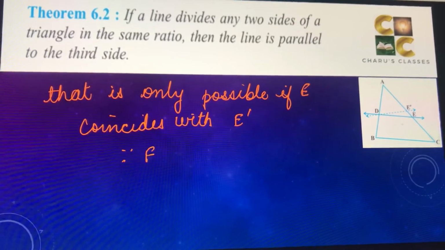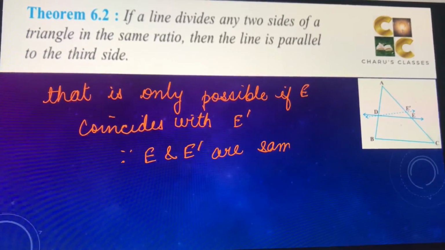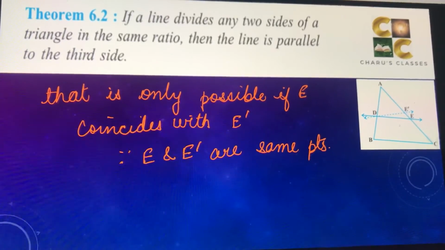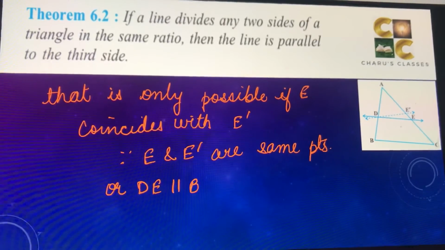That is, E and E dash are the same points. Or we can write that DE is parallel to BC.